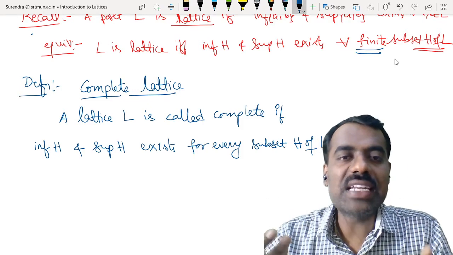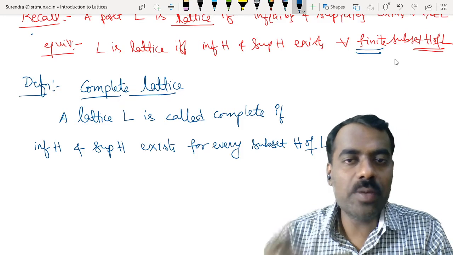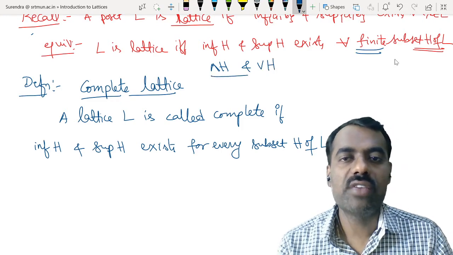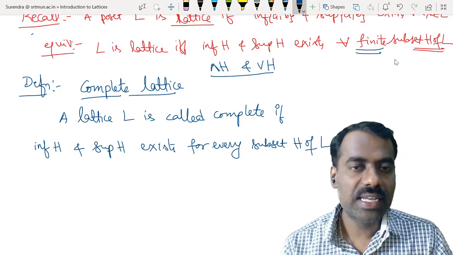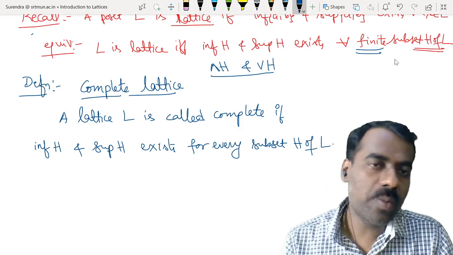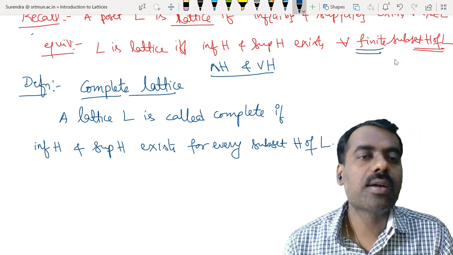Usually something is a lattice if and only if for every finite subset the infimum and supremum exist. We can also denote this by the notation, if you remember, meet H and join H. If these two exist for every finite set, then it is a lattice. But if it exists for every subset, whether finite or infinite, then that lattice is called a complete lattice.